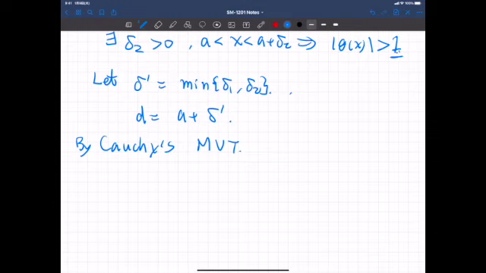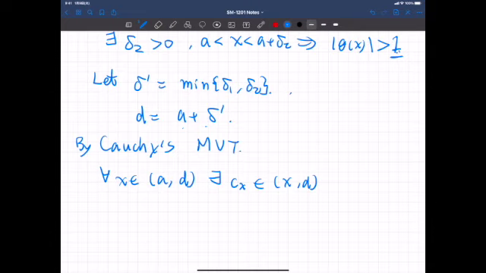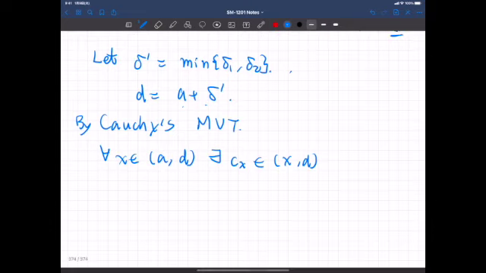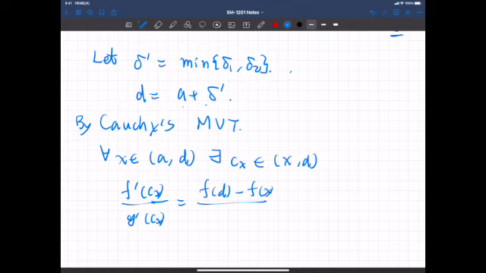By Cauchy's mean value theorem, for all x between a and d, where d is a plus delta prime, there exists some value cx between x and d such that f prime of cx over g prime of cx equals f of d minus f of x over g of d minus g of x.